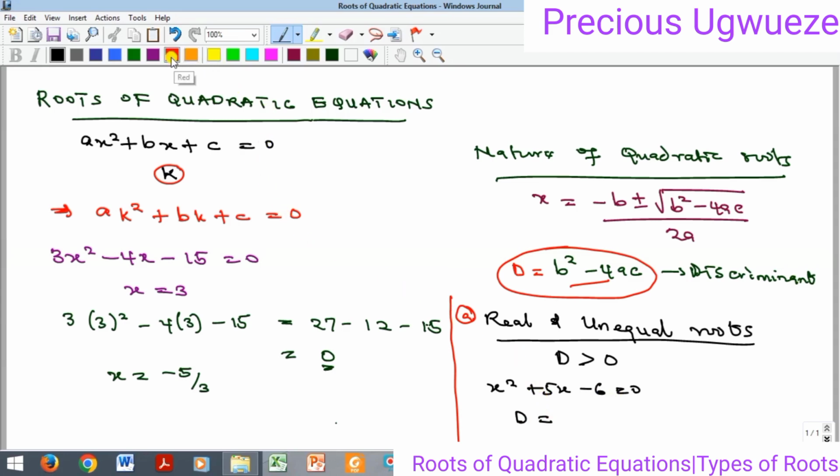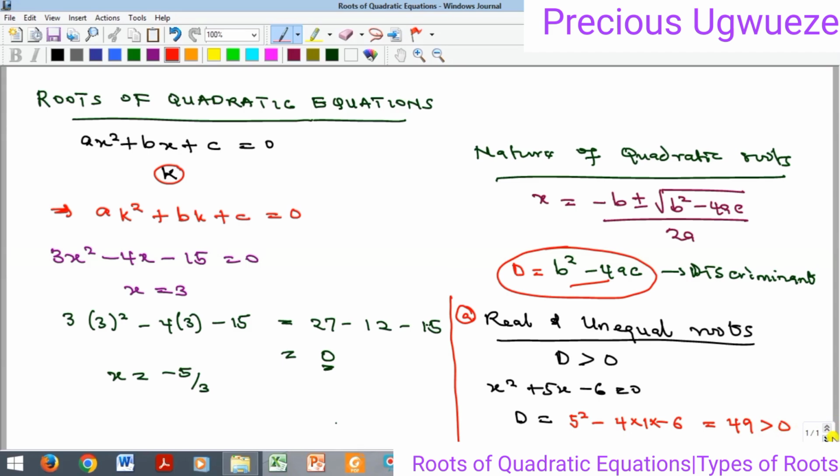So you're going to have 5 squared minus 4 times a is 1 times c is minus 6. And so if this multiplies, you're going to have minus 24, sorry, plus 24 plus 25, which is going to give us 49. And of course, 49 is greater than 0.